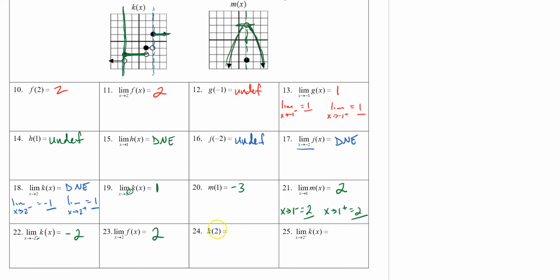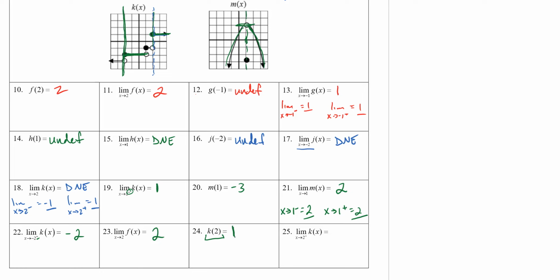24, what's the value for k of 2? So for k of 2, I find the x value 2. There's a closed circle down here at -1. There's an open circle here, +1. The closed circle is the value of my function. So my value for k of 2 is +1.